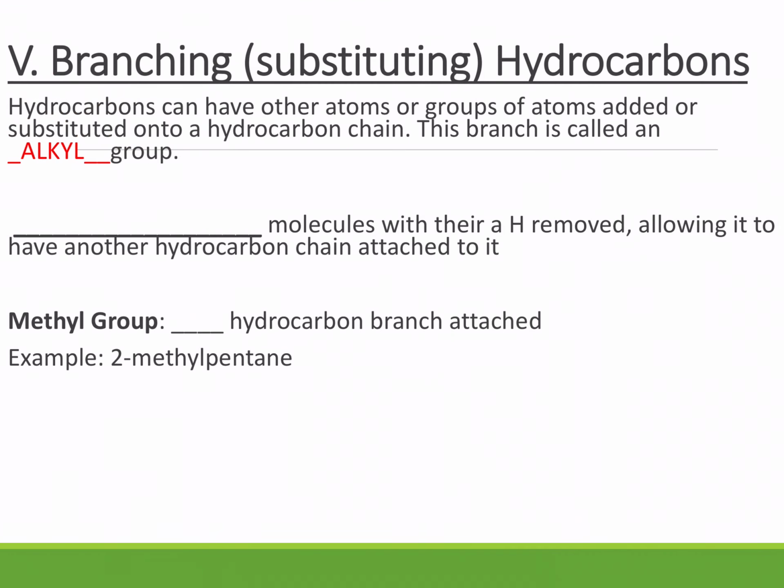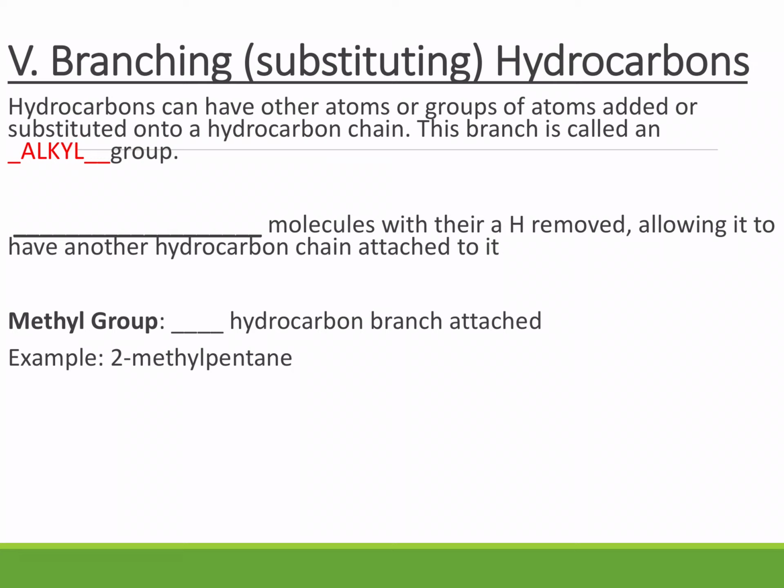Okay, next. So let's get into some of this branching and the substituting that we saw at the very beginning. So what you'll notice is that hydrocarbons can have other atoms or groups of atoms that are added to the main chain. We can call that main chain the parent chain. And that branch that comes off of the main chain is called an alkyl group.